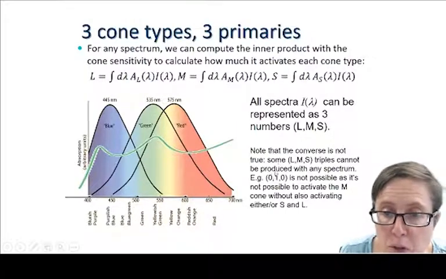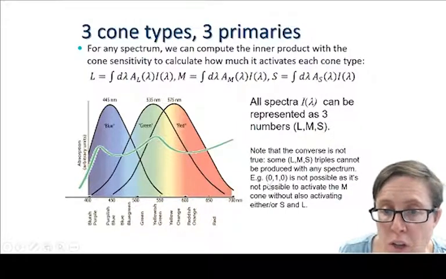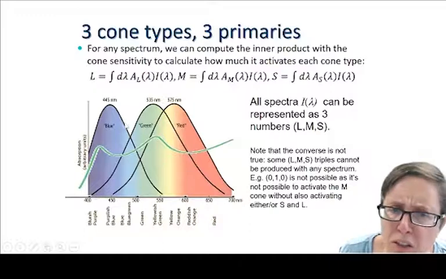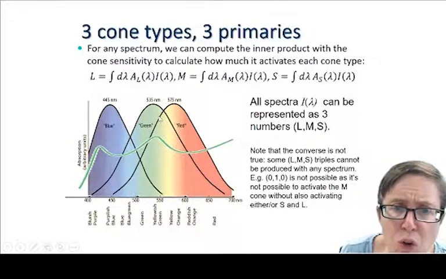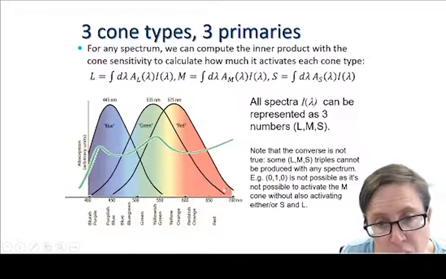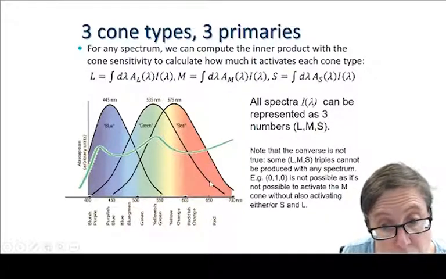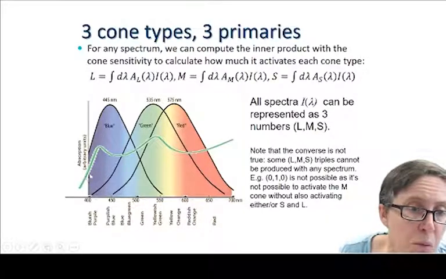So, for example, you can't get 0, 1, 0 because there is no type of light that can activate the M cone without also activating the L cone. If the light's reddish over here, say 650, you can see that's going to activate L, but also M. Or it's going to also activate the S cone.